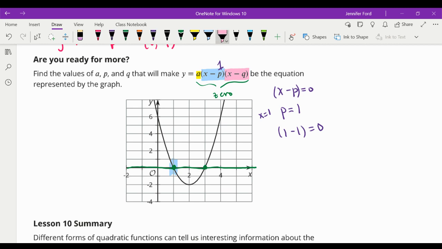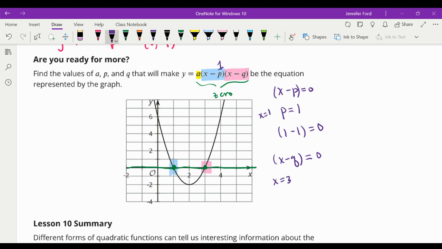And then the other one, x minus q, is going to be this piece here. Same logic. I want to make this x minus q part of the equation equal to 0. Let me write that down instead of just saying it.